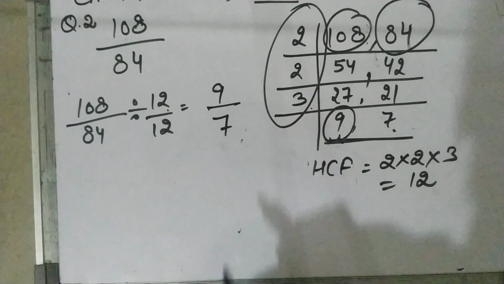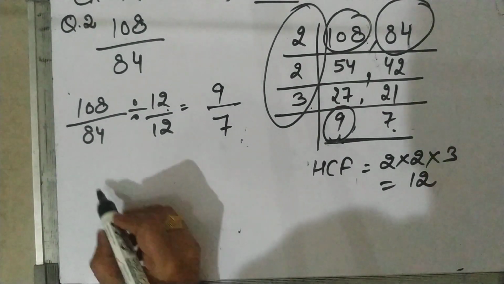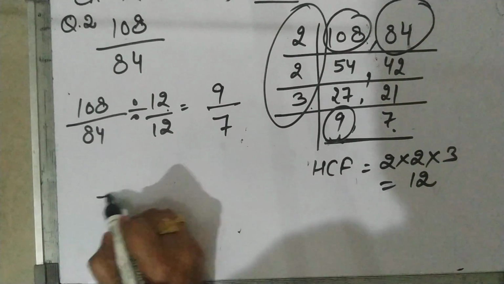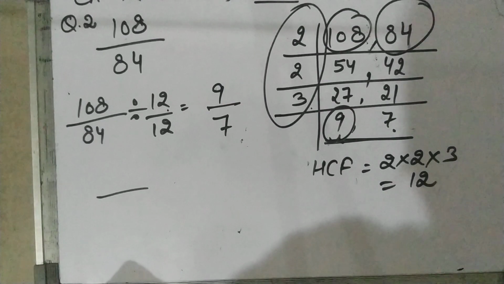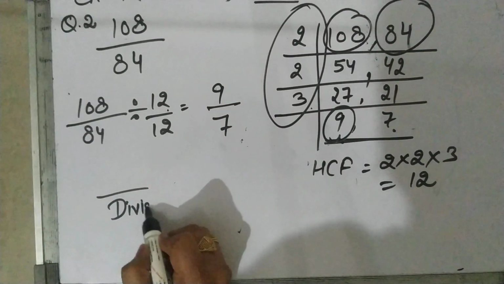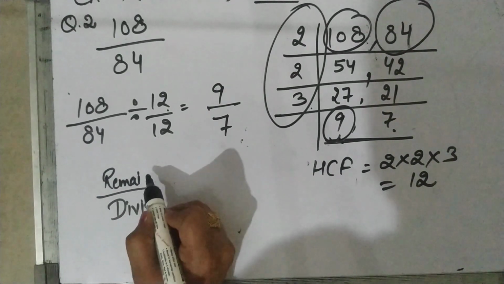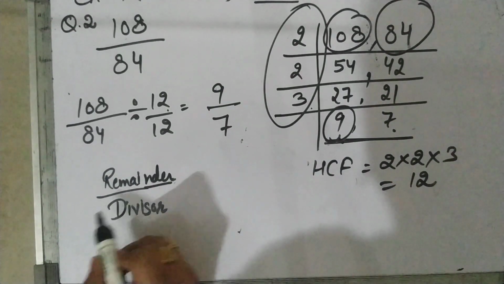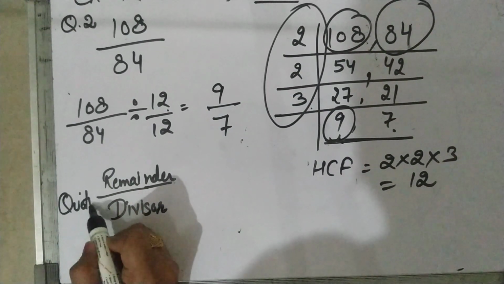So, in the denominator 7. Now, you have to convert this into a mixed fraction. For a mixed fraction, I told you already in question number A: in the denominator, you have to write the divisor; in the numerator, always the remainder; and on this side is always the quotient. Okay.